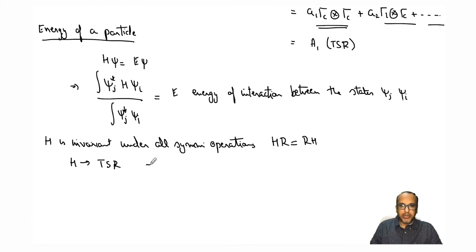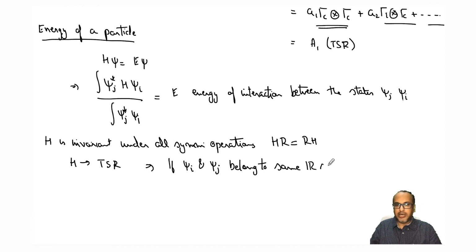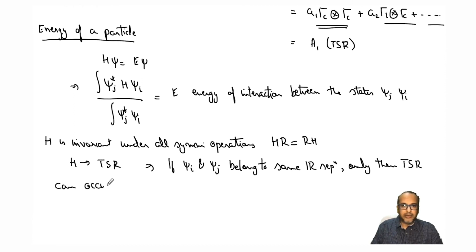So this would imply that only if psi i and psi j belong to the same IR representation, the totally symmetric representation can occur in this product.